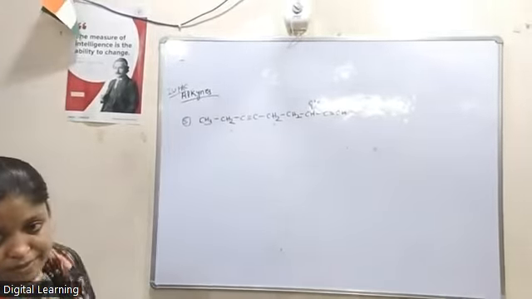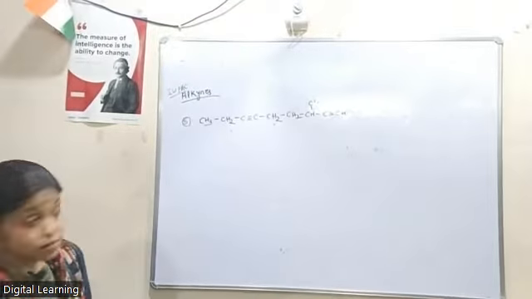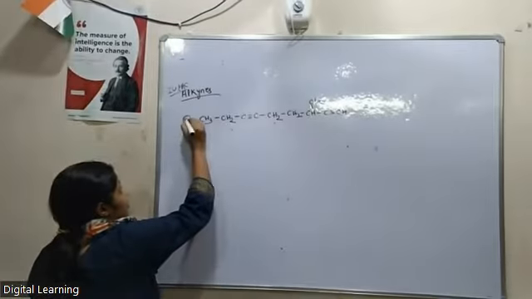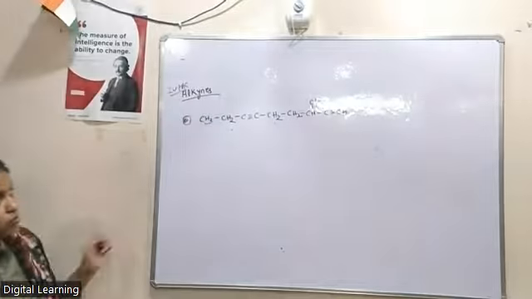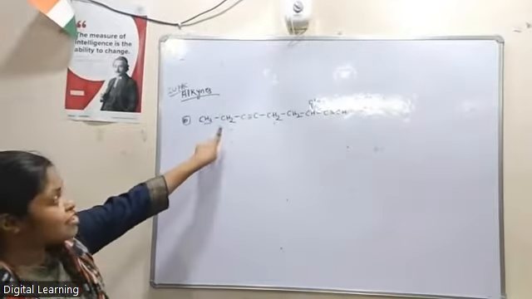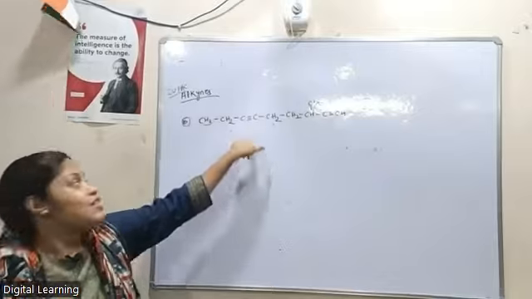Okay, so this is an alkyne which contains two triple bonds.